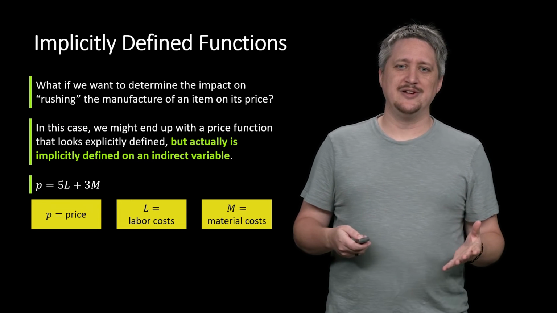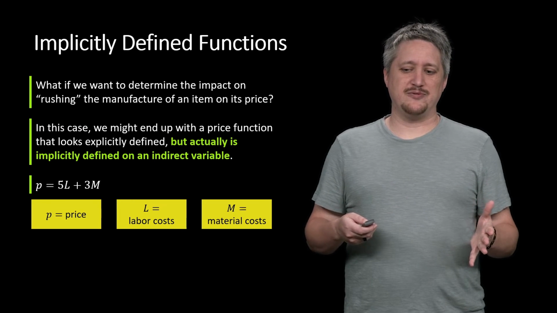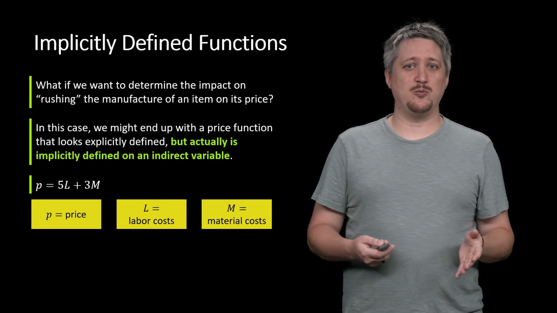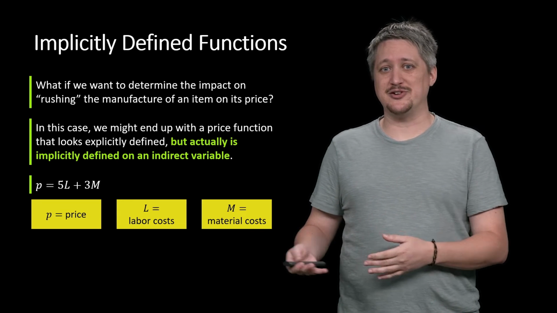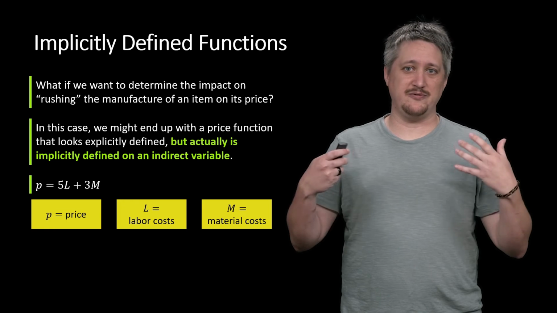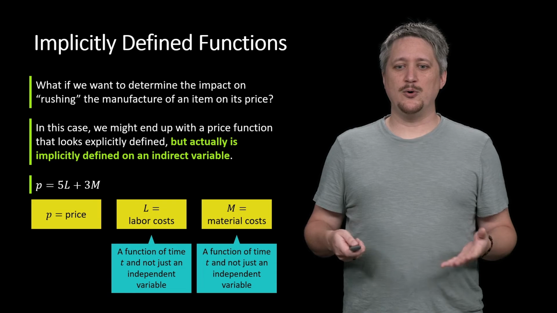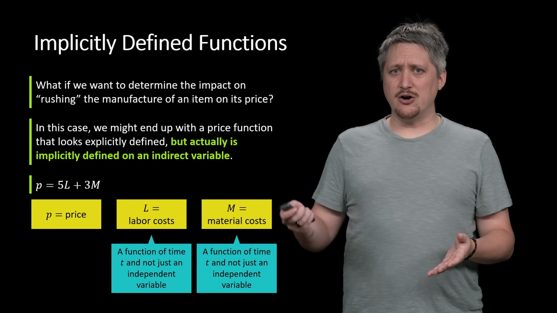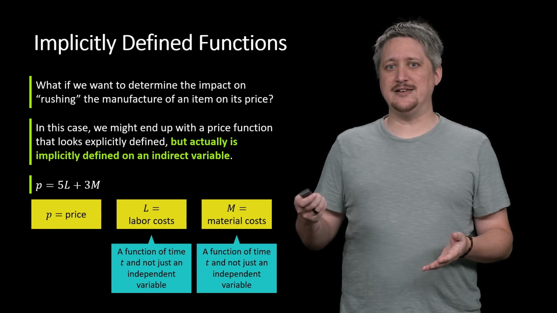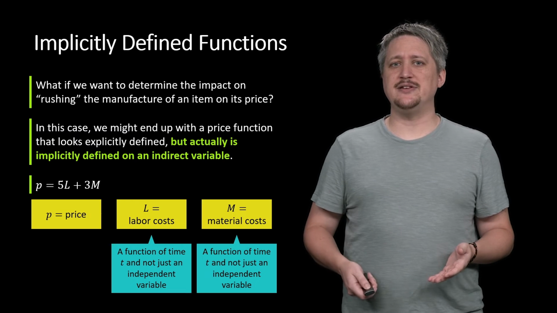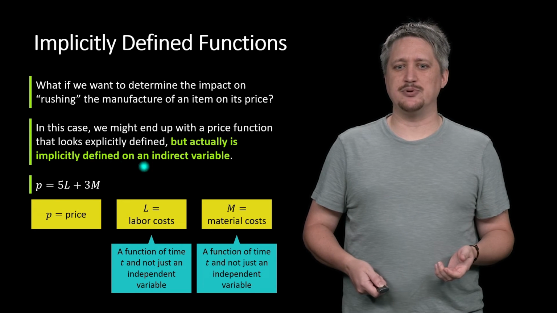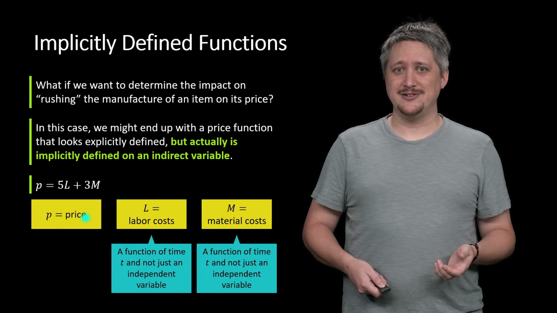So you have a certain process of making these materials, and whether or not you can rush that process also depends on available machinery and all kinds of things. And so really, both of these things are dependent on some hidden pieces of information that aren't made clear in this rather simplistic end result.